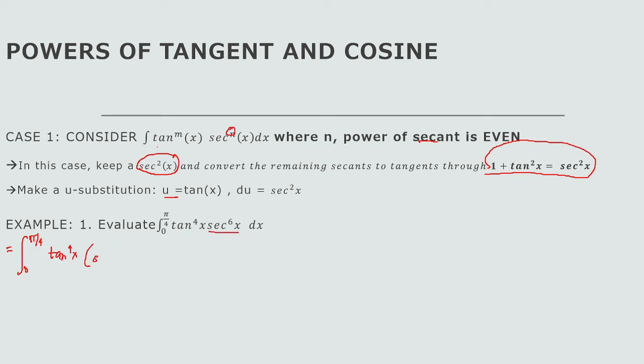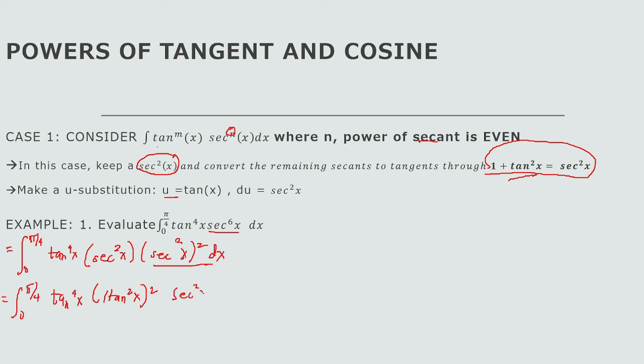So according to the rule, we leave secant squared x. And then what's left is secant to the power of 4x, right? So secant squared x squared dx. So according to the rule, change the remaining secants to this form. So that's 1 plus tan squared x, squared, and secant squared x dx.